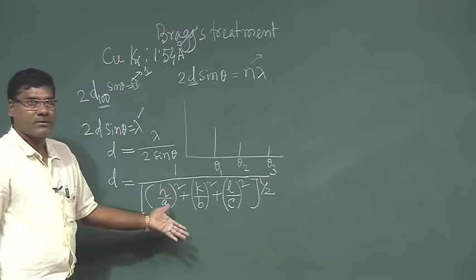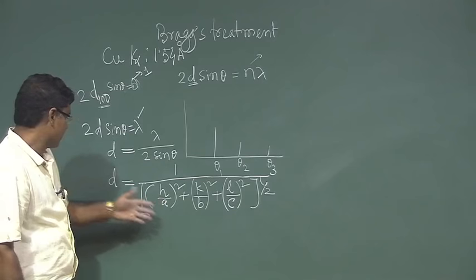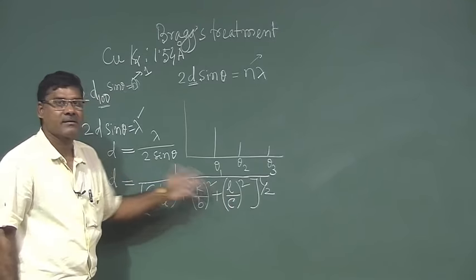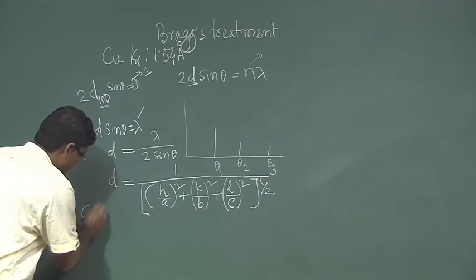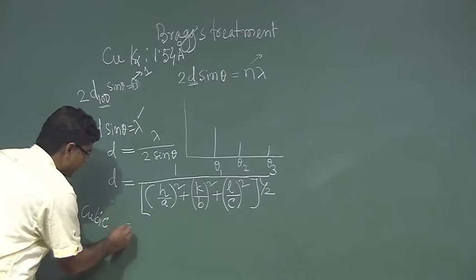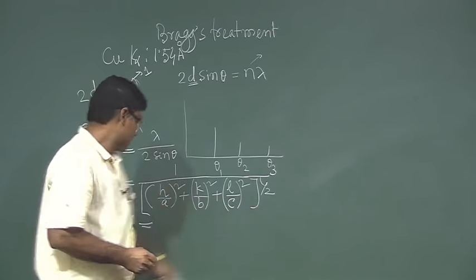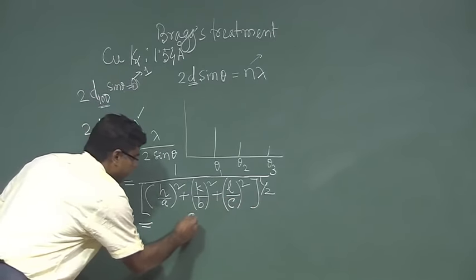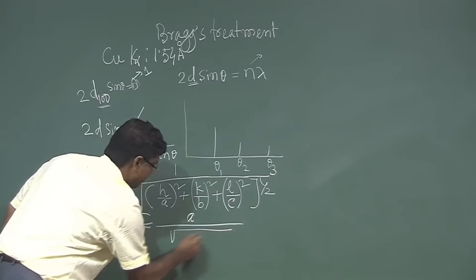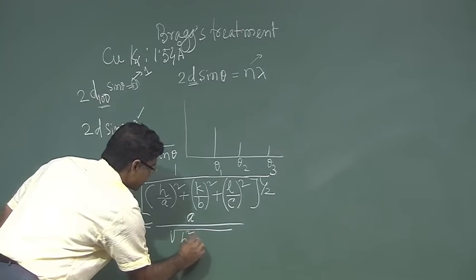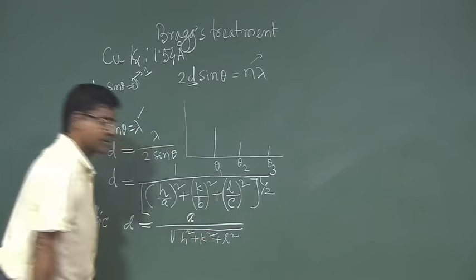So, it is under square root. Okay. So, that was the relation between the lattice parameters and d. So, for a cubic system, a equal to b equal to c, so d is basically a by square root of h square plus k square plus l square, right.